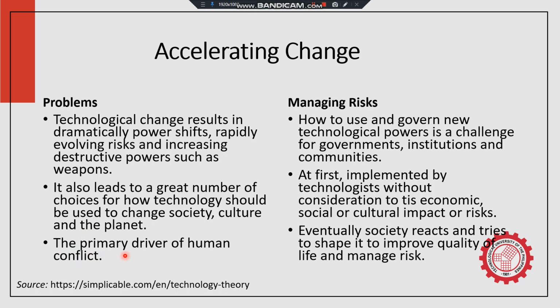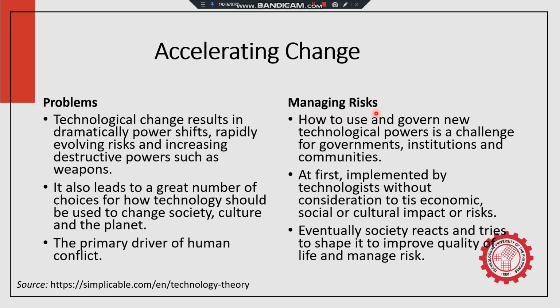Because of these problems, the theory of accelerating change is considered the driver of human conflict.